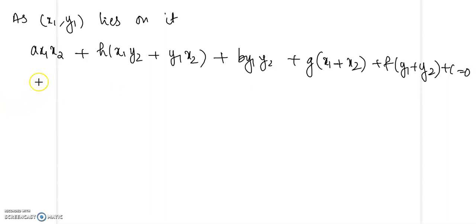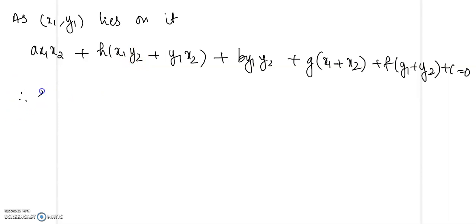So now we replace x2, y2, നമുക്ക് x2, y2 ന്റെ locus ആണ് കണ്ടുപിടിക്കേണ്ടത്. So replace x2, y2 by x, y, so that will give the required locus.